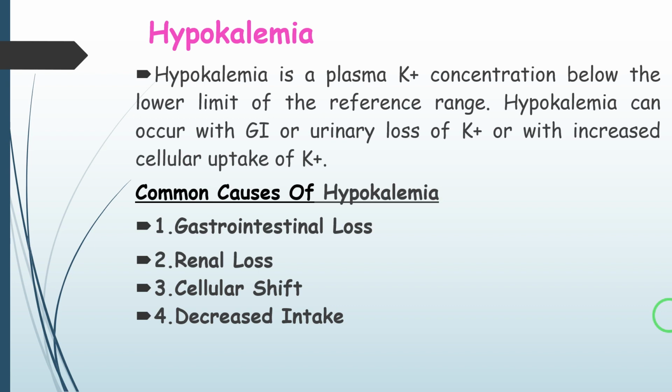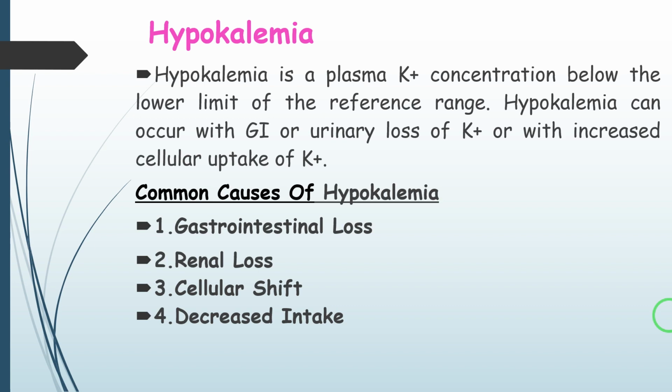For example, one of the causes of hypokalemia, in case the cause was in the GIT, excessive vomiting or excessive diarrhea or fistula in the GIT may lead to hypokalemia. Also, there will sometimes be excessive loss of potassium due to malabsorption.